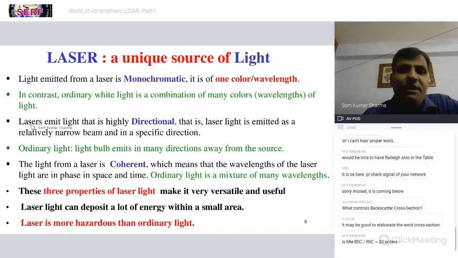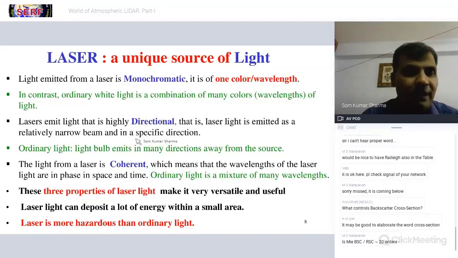Then the second property of the laser: laser emits light that is highly directional. If it is highly directional, you can point it anywhere. So highly directional means the laser light is emitted as a relatively narrow beam and you can put it in a specific direction.